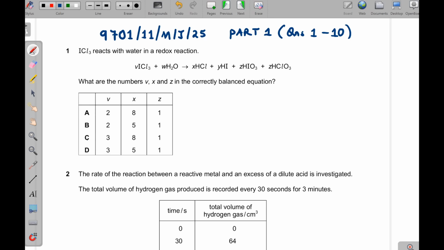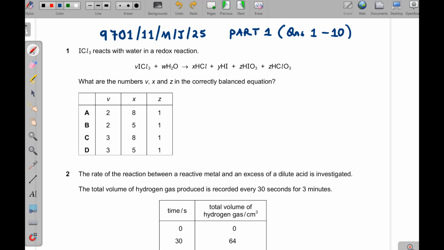Question 1, we have iodine trichloride reacts with water in a redox reaction, and we are given the equation here. What are the numbers V, X, and Z in the correctly balanced equation? Now, since it is a redox reaction, we can try to use oxidation numbers to balance, okay?